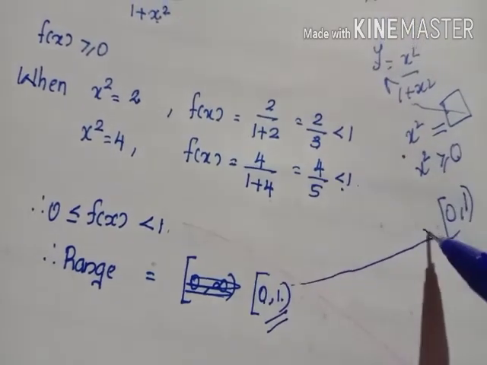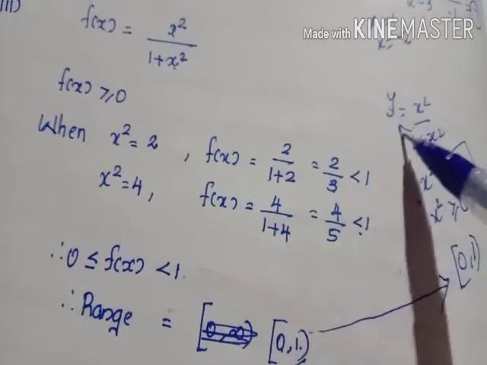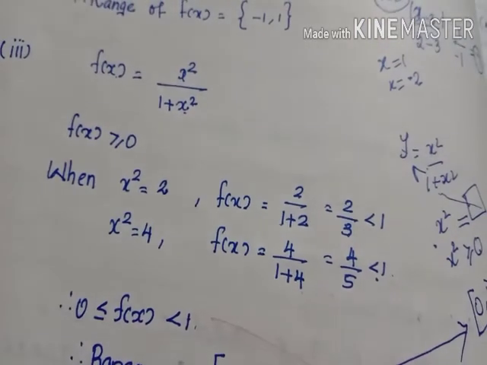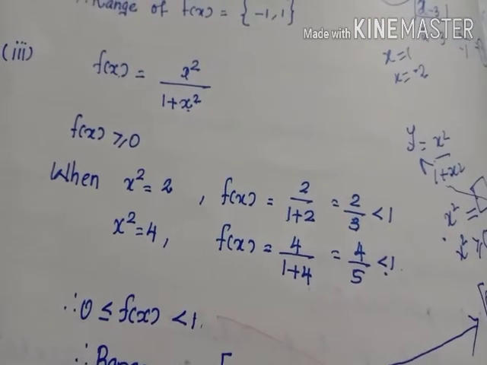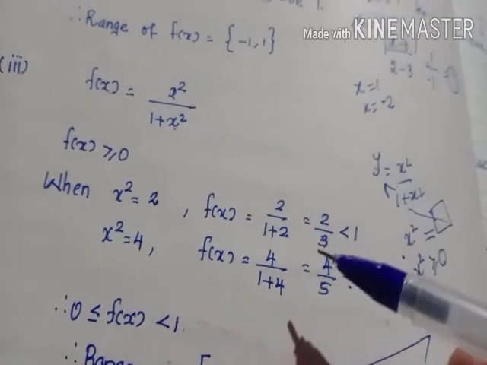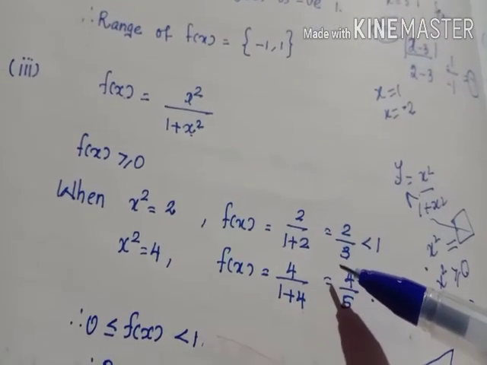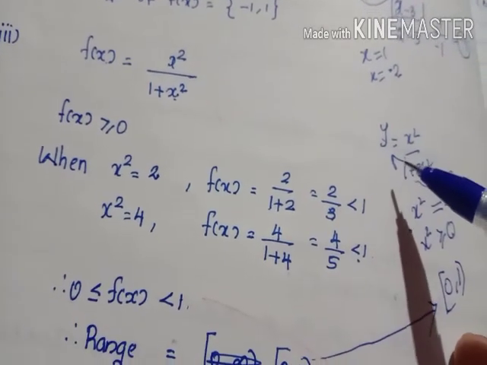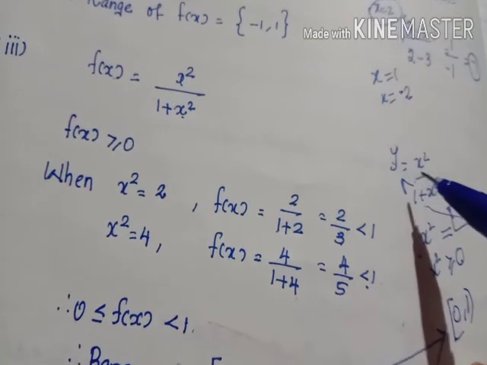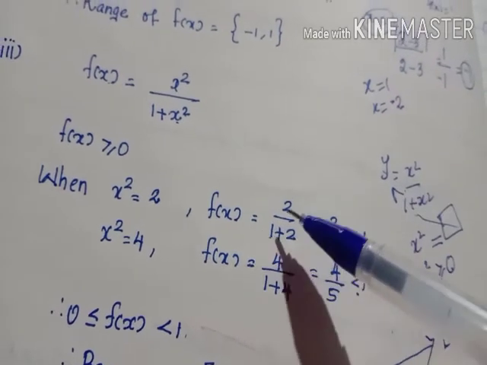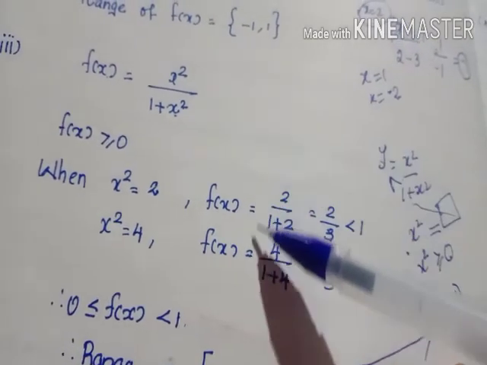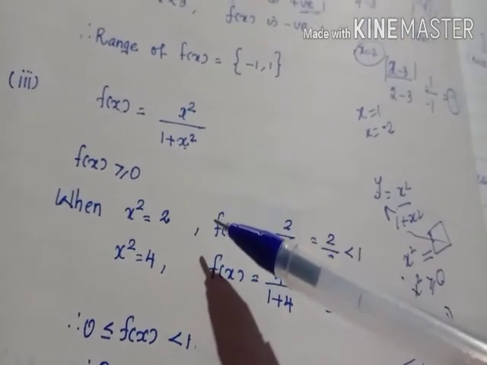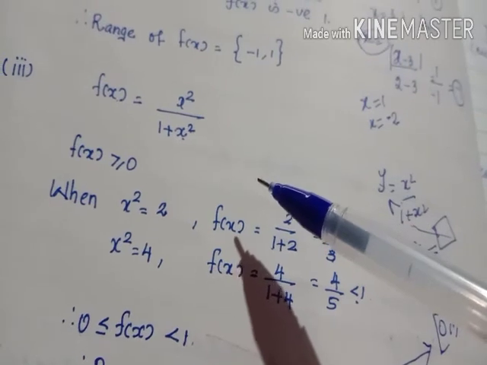Okay, so in both manners you can find the range. That's why I told you that finding the range of any given function is difficult. So you can opt for either this method or that method. In this method, we have to go through or search each and every point to see whether the function is defined or not for the values.